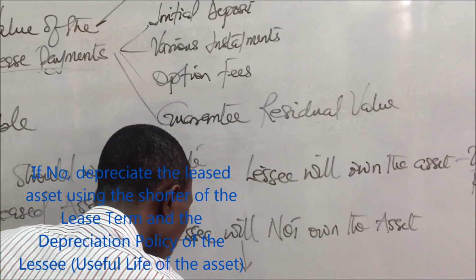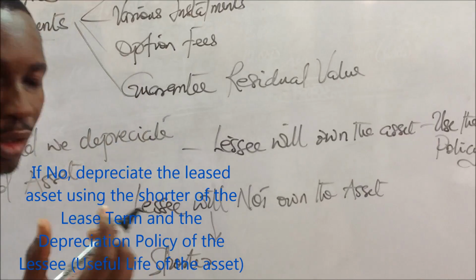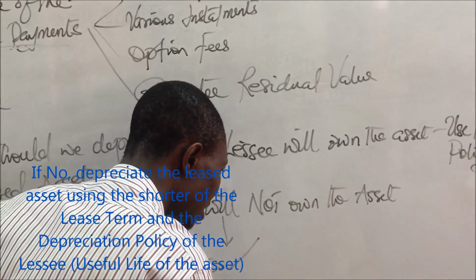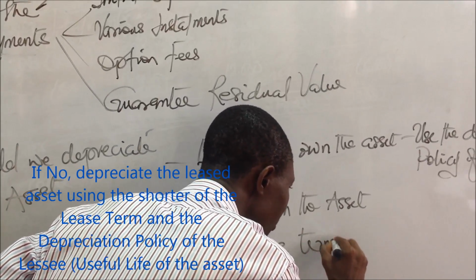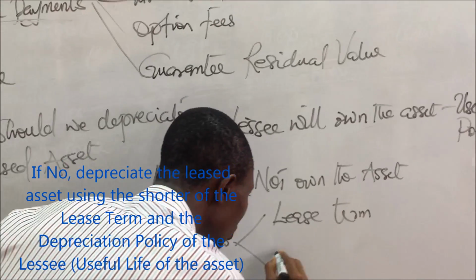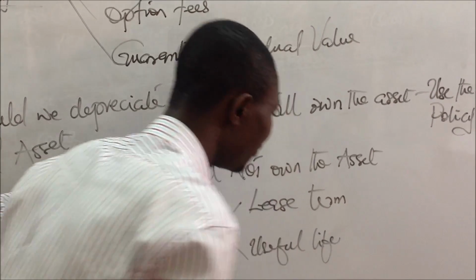We are going to look out for the shorter of two periods: one, the lease term, and two, the useful life of the asset.